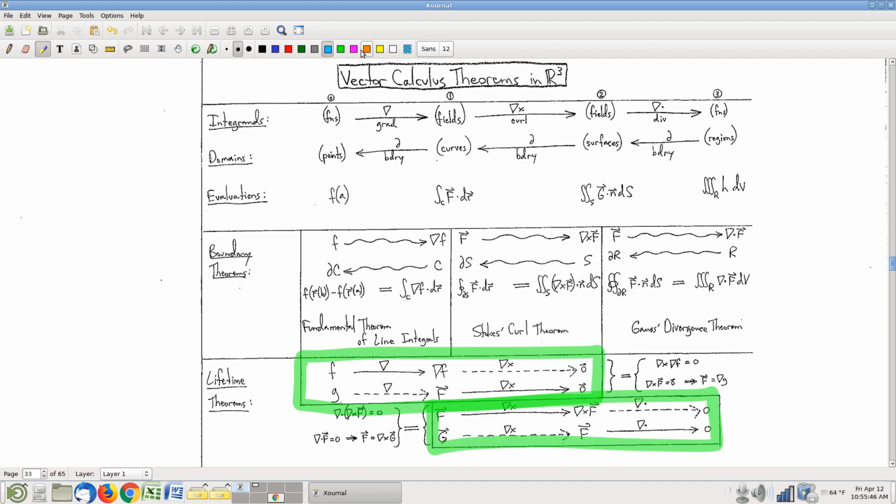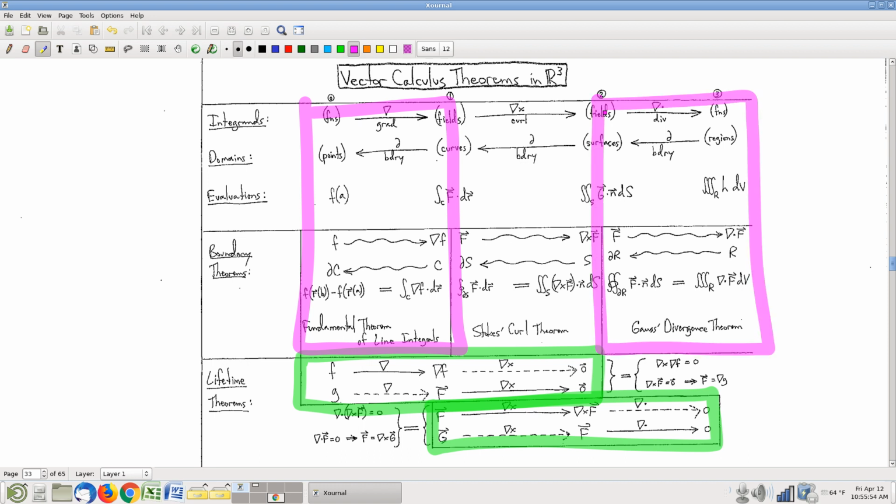We talked about the fundamental theorem of line integrals. We have just recently talked about Gauss's divergence theorem. And remember, I made this case that if you take a gradient and do a line integral, if you take a boundary and evaluate the corresponding function, you get the same thing either way.